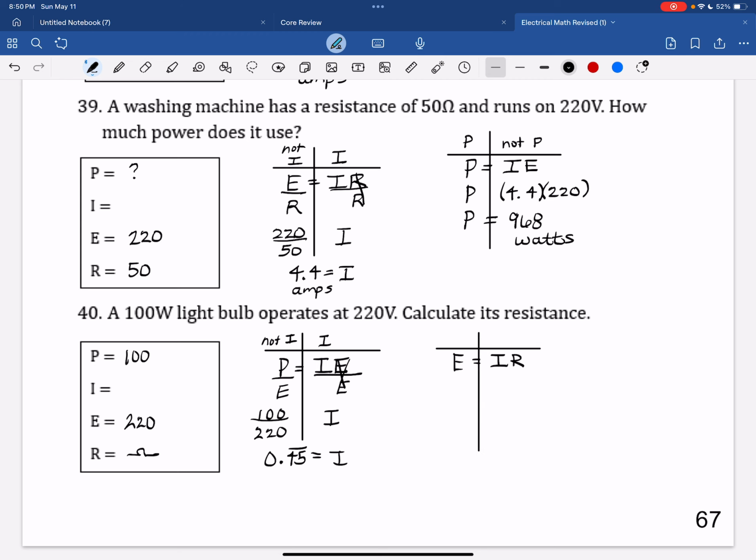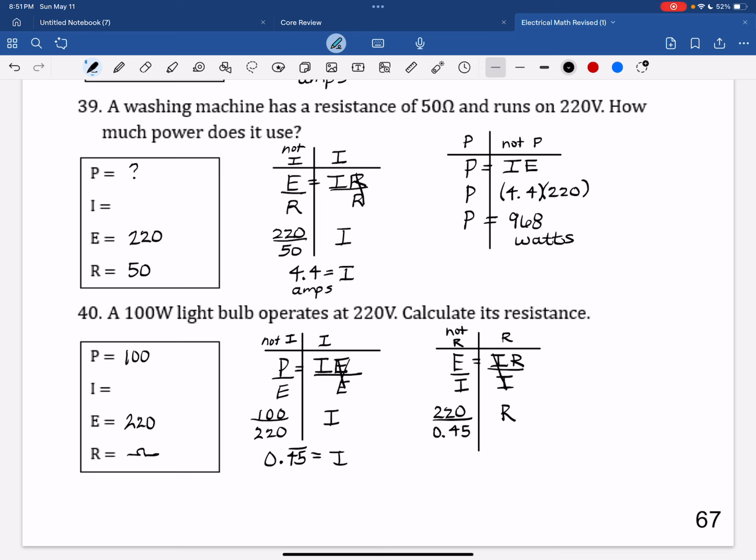Then I will use EIR to find resistance. So we want to know R. Anything that's not R needs to move. So let's move the I over here. So R is going to be E, 220, divided by 0.45.